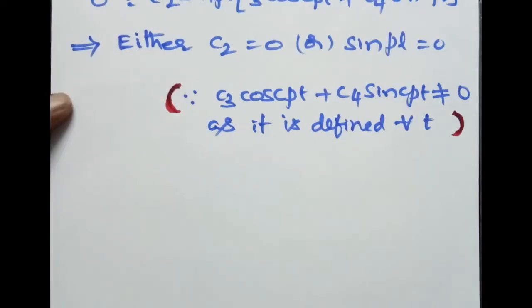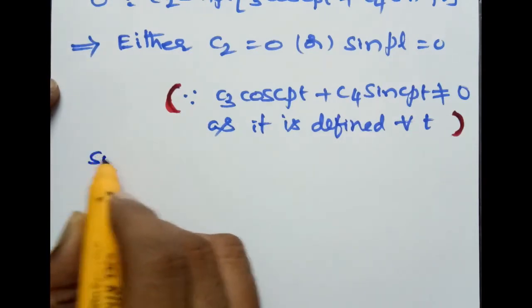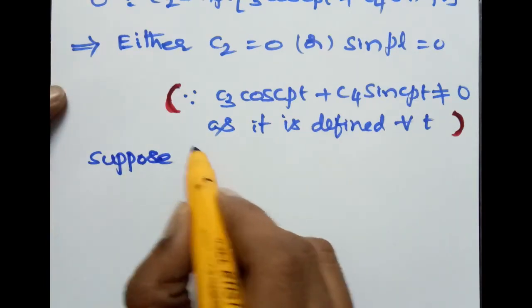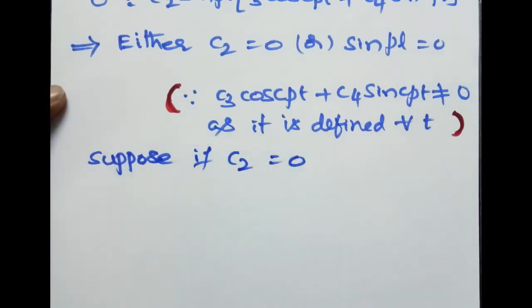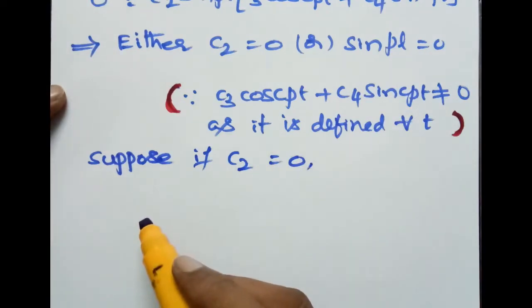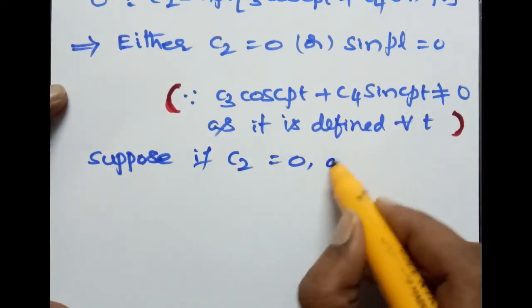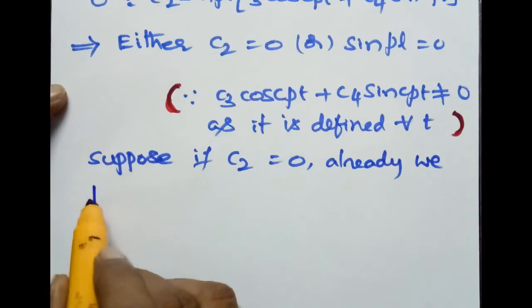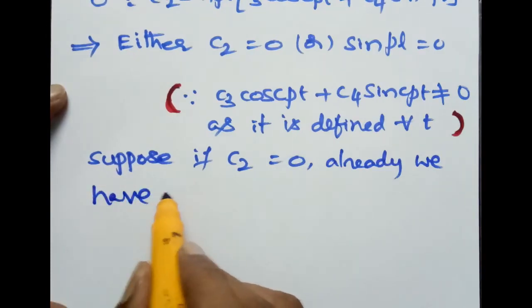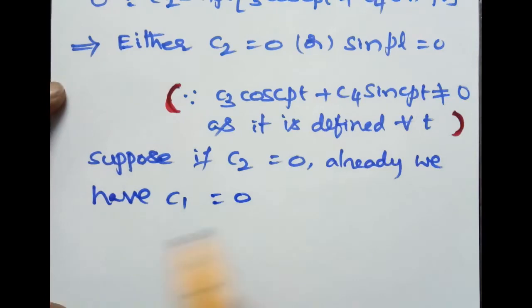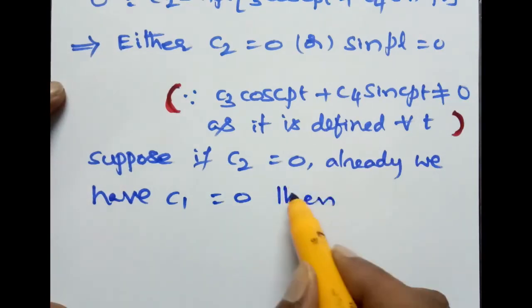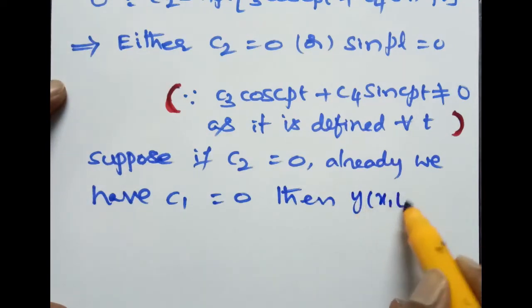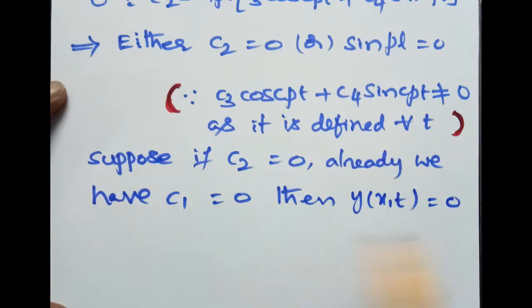Suppose C2 equal to 0, already we have C1 equal to 0. Then y of x comma t equal to 0.